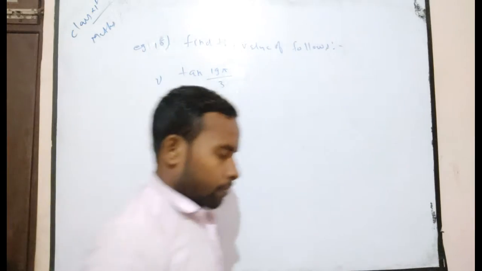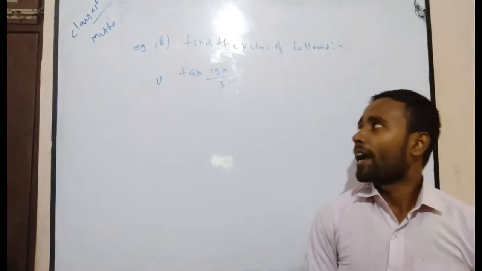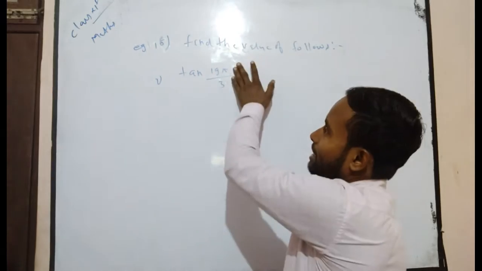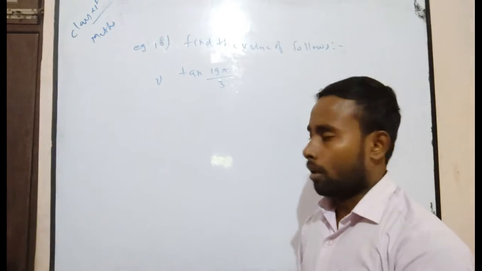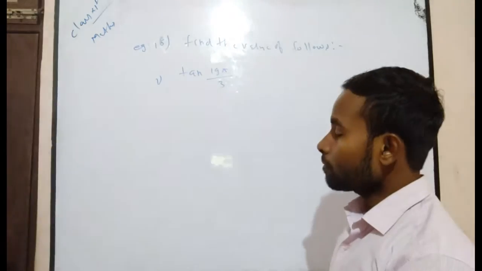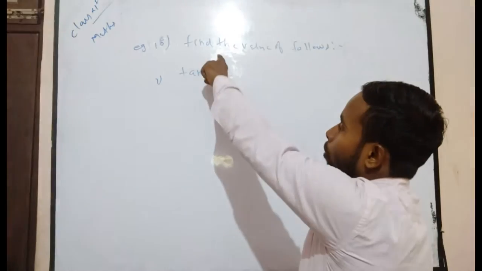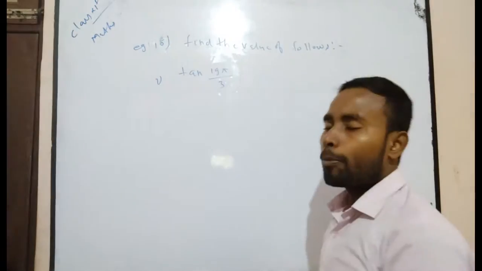I want to give you the concept. How can you find the value of tan 19 pi by 3? After putting the value of pi as 180, you get 1140 degree. You have to find the value.